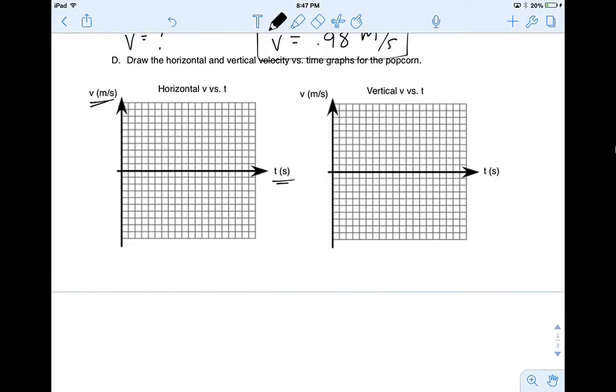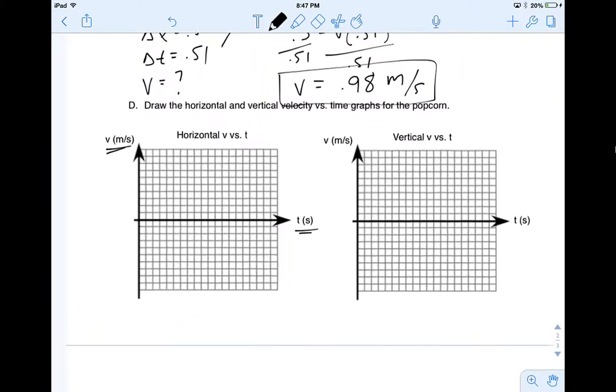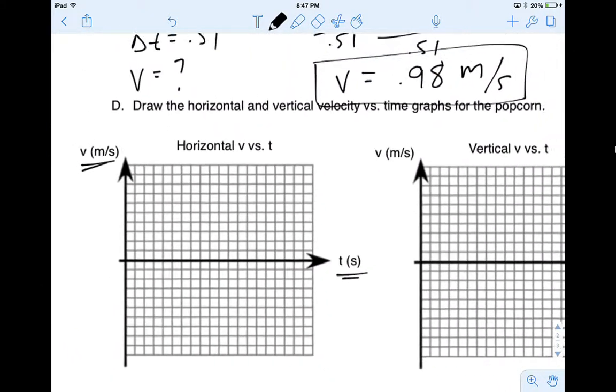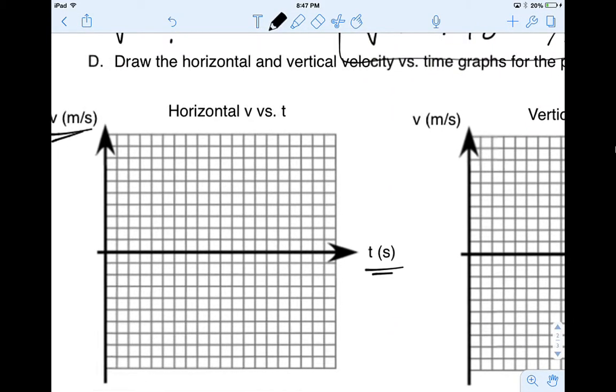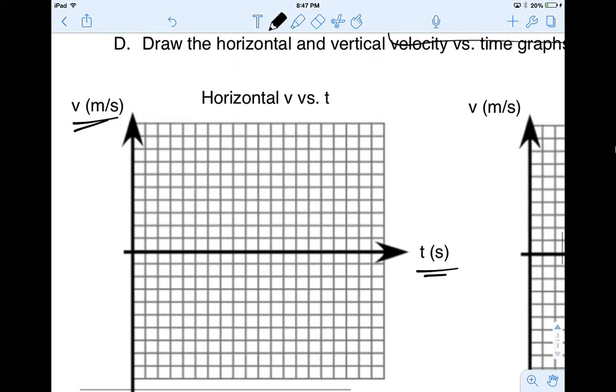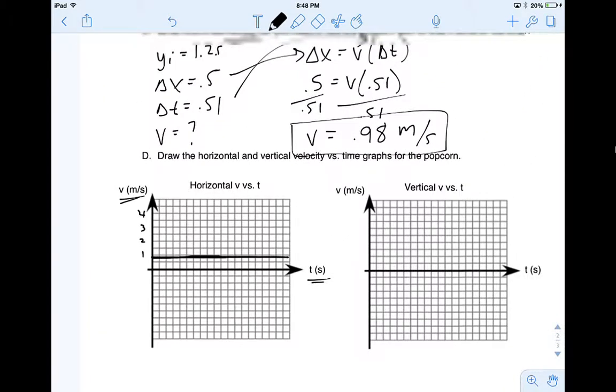So to show constant velocity, which in this case is 0.98, I'm going to say 1, 2, 3, 4, and I know that my velocity is just below 1. That velocity is staying the same the whole time, just right around 1.